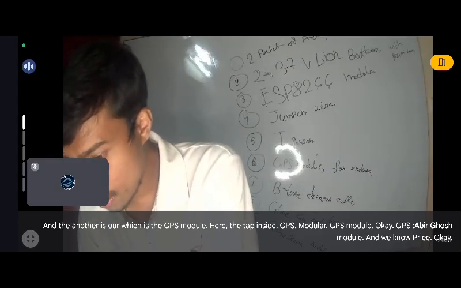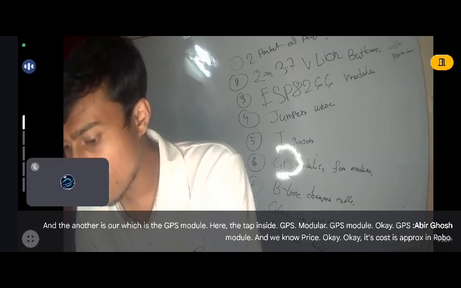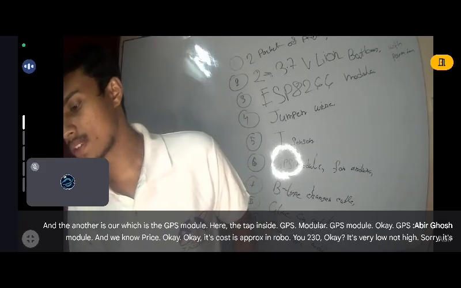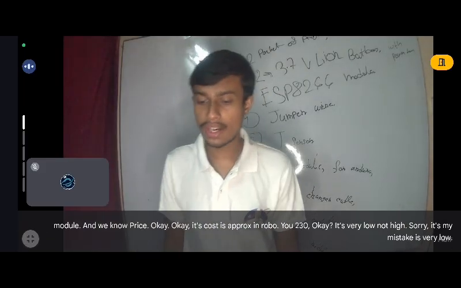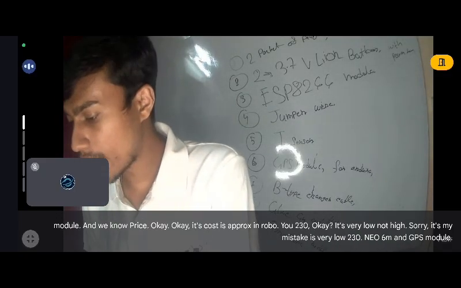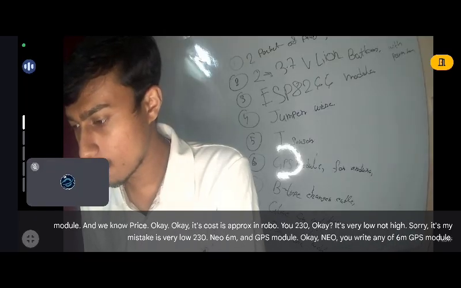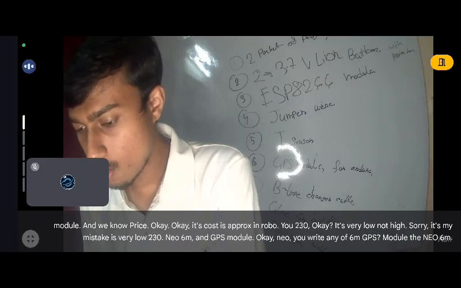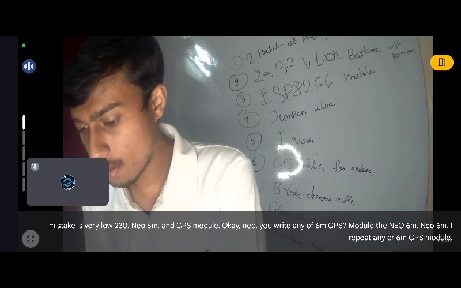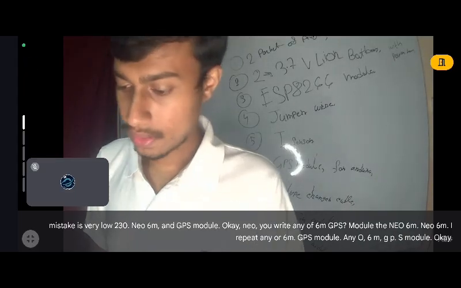Okay. Its cost is approx in RoboU 230. Okay, it's very low, not high. Sorry, it's my mistake. It is very low, 230. NEO6M GPS module. Okay, you write NEO6M GPS module. I repeat, NEO6M GPS module. Okay.